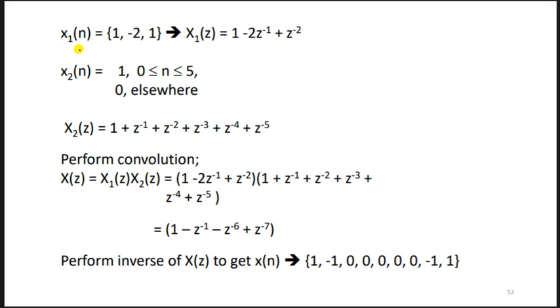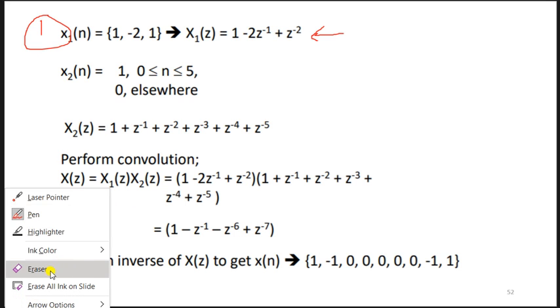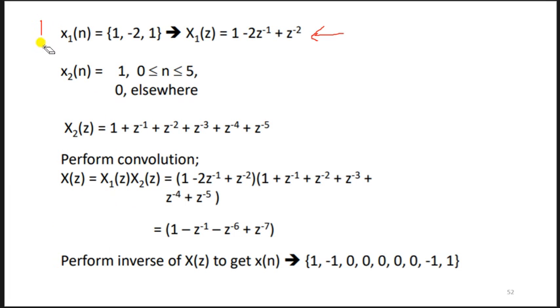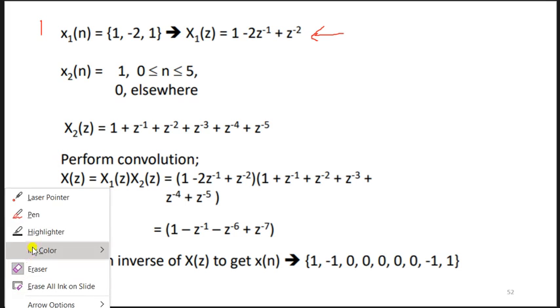Let us recall that before this we have seen that x[n] can be written as a sequence of numbers, and it can be written quickly as the Z transform as such. So this is sequence 1, and then you have sequence 2.